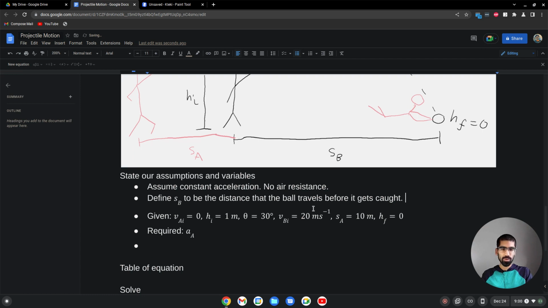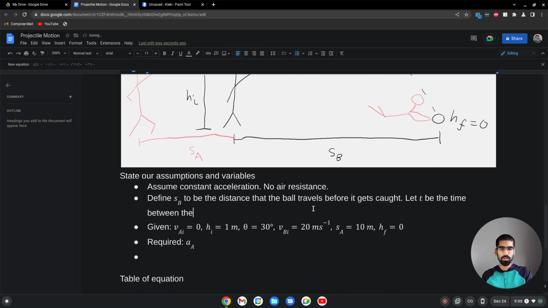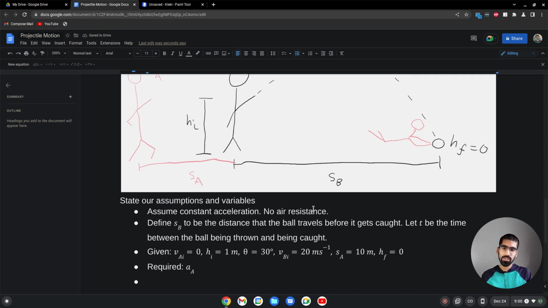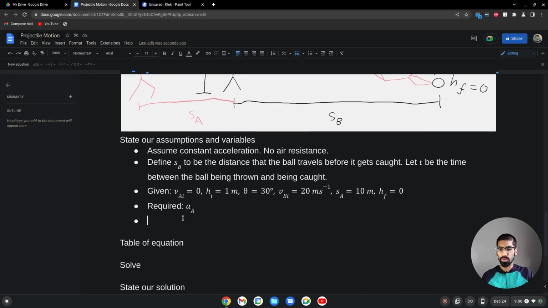And let t be the time between the ball being thrown and being caught. You don't always need to define these things. Sometimes, especially in a school setting, writing a test or something, it's evident. But just for now, it's nice practice.